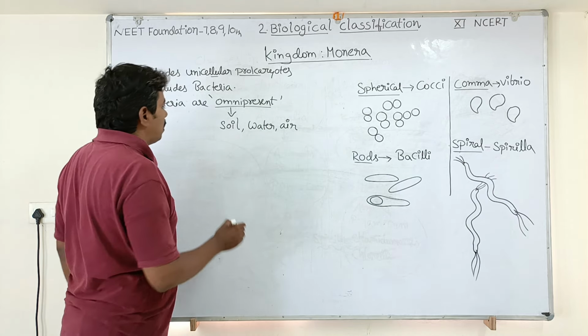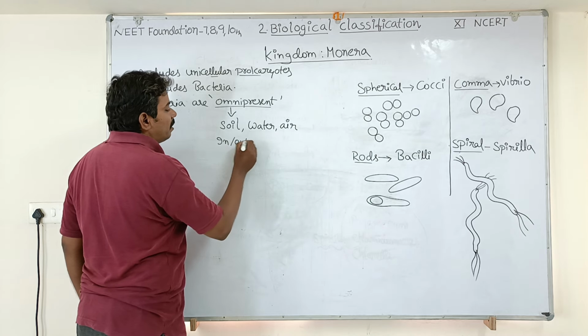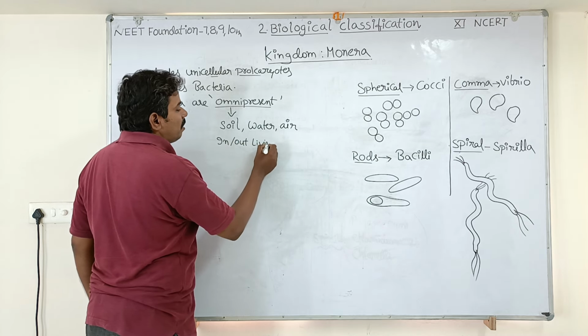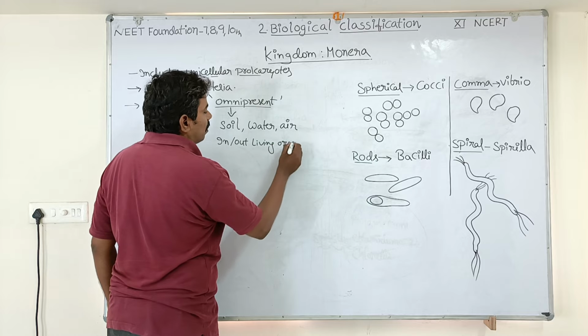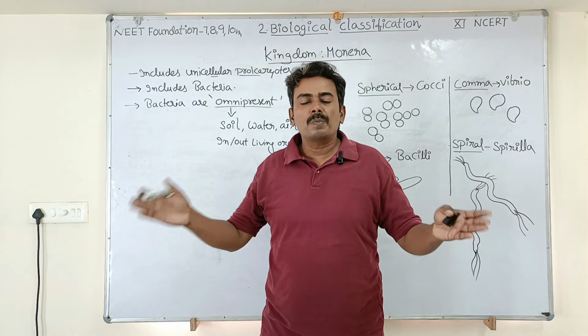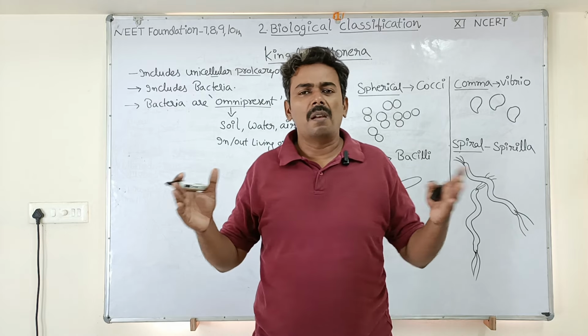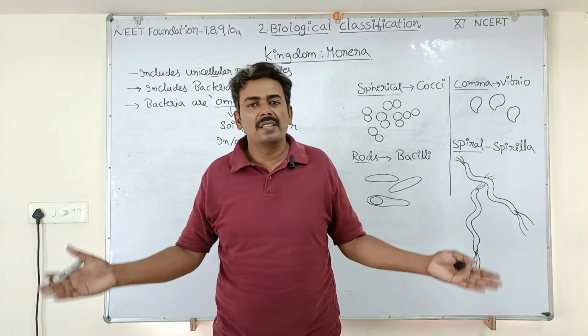They are also present inside or outside other living organisms. You cannot say that in this particular place bacteria are not available. They are present almost everywhere. We cannot avoid these bacteria.